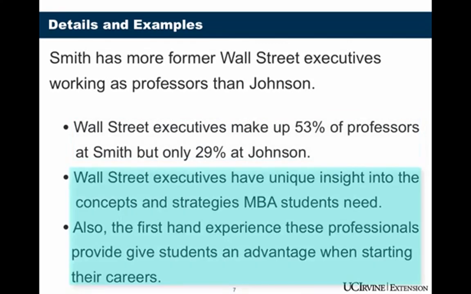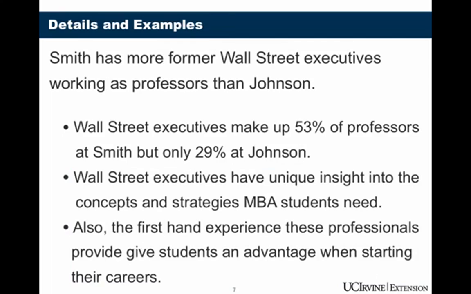We then explain why the example is important with a couple of details. They develop the idea that having Wall Street executives as professors sets Smith University apart from Johnson University and makes its MBA program better. These details are the most specific sentences in the paragraph.